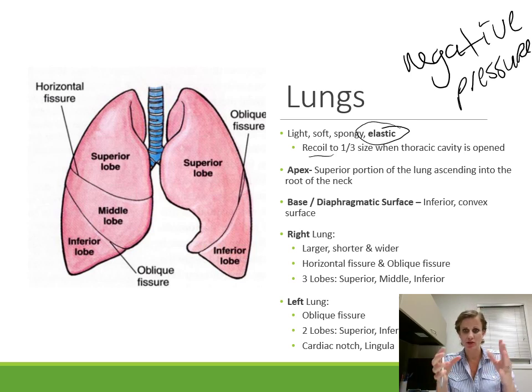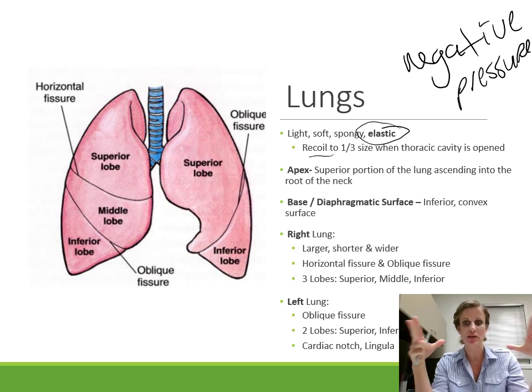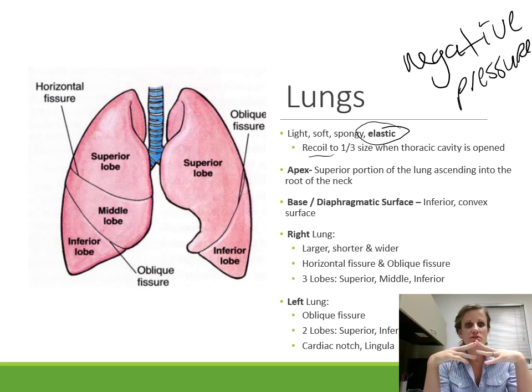And that helps to kind of suction out the membranes in the lungs themselves to keep them inflated. Also, remember we just said that there is a surface tension that helps to hold the two pleural membranes together. So the combination of the surface tension of the serous fluid with the negative pressure that's in that pleural cavity helps to keep the lungs inflated as long as the thoracic cavity is intact.